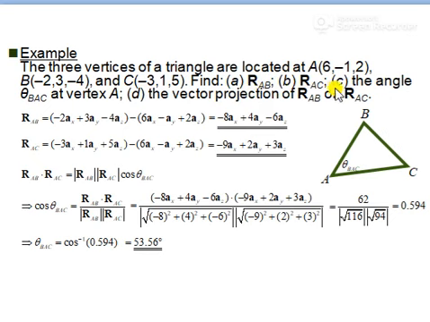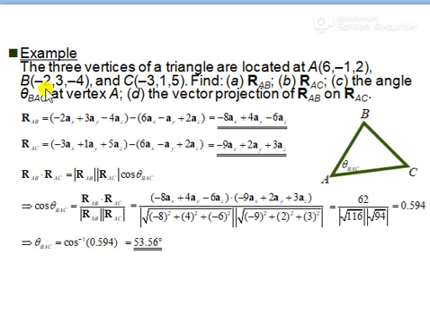RAC, the angle theta BAC at vertex A, and lastly the vector projection of RAB on RAC. So RAB is nothing but the distance vector between A and B. To get that we first find RB, the radius vector, minus RA.